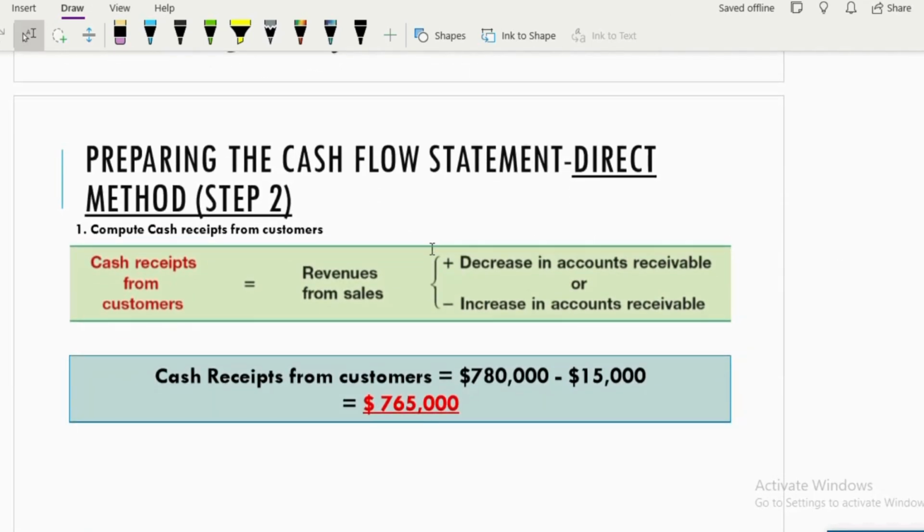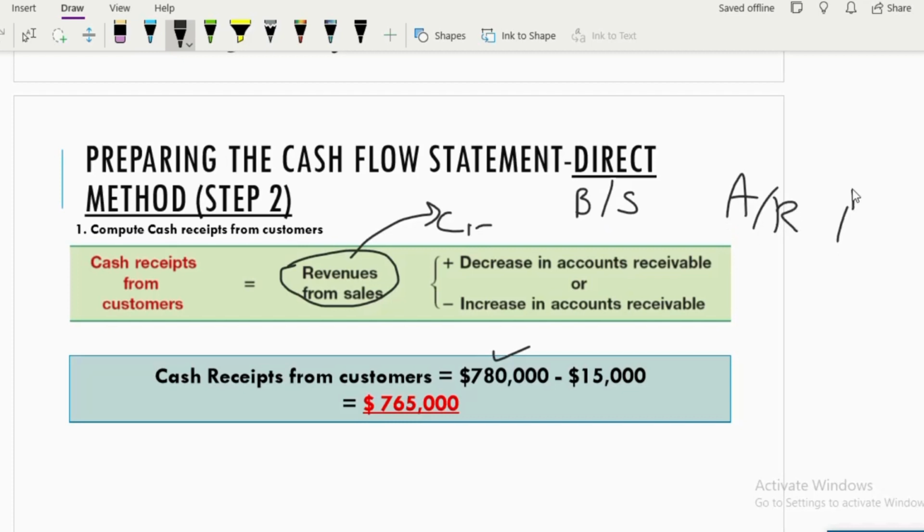The first is cash receipts from the customers. If you look at the income statement, you will find that your revenue from the sales, or sales revenue, was 780,000. But this revenue could be on credit basis, right? And when we checked our balance sheet, we found that accounts receivable increased. So it means some of the sales are on credit basis, which are part of accounts receivable.